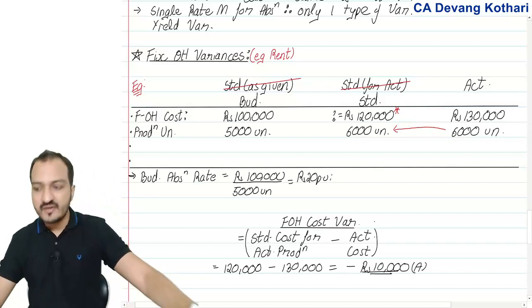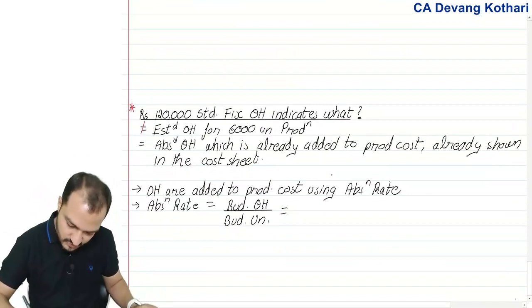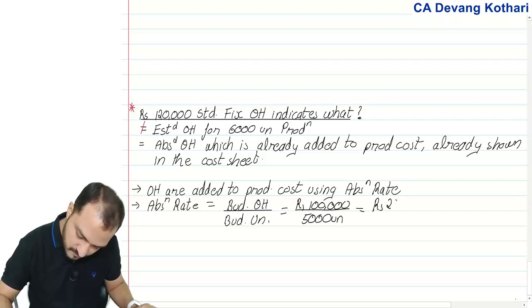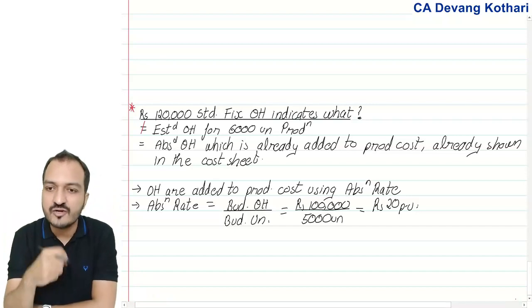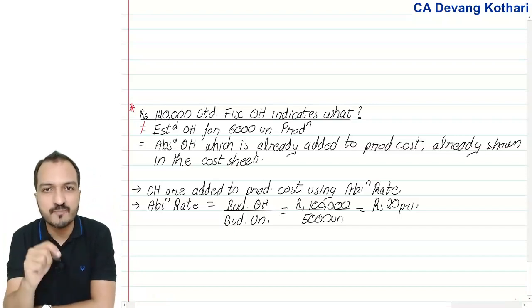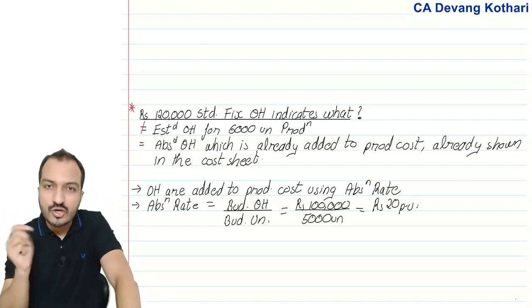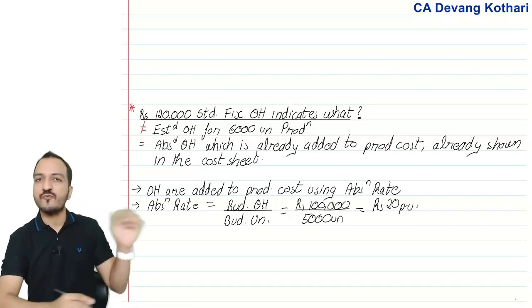So this rate of 20 per unit is the rate at which overheads are added to product cost using the budgeted absorption rate. Now, if the overheads are added to product cost using this rate of 20 per unit, then my cost sheet will contain overheads according to this rate of 20 per unit.